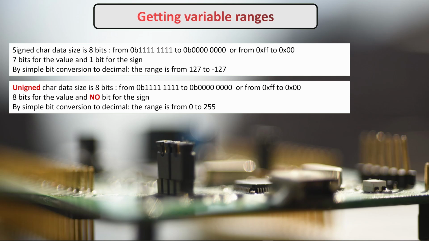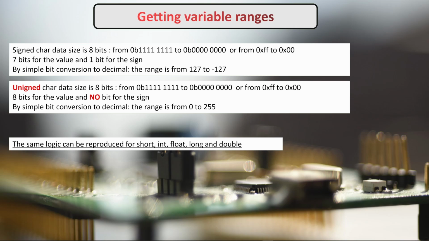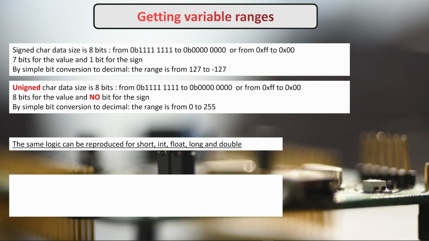This is very important because this 8-bit char is a really small unit that we can use for memory. The same logic can be applied to all the other members of this data type. And as a small conclusion, when using a microcontroller with limited memory, the choice of variable is very important.